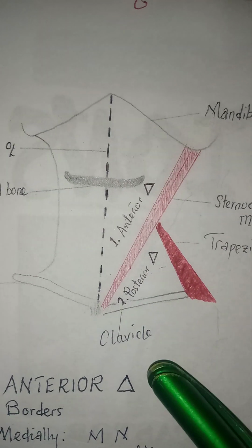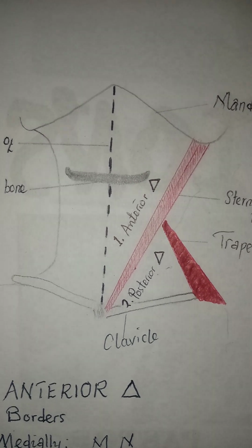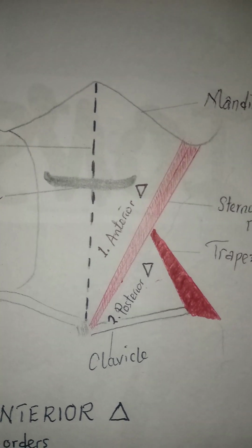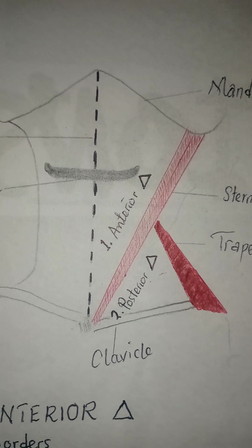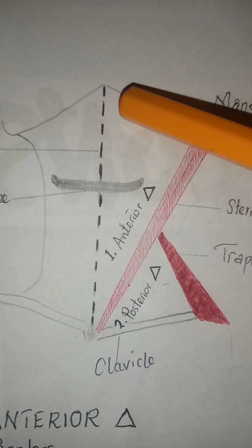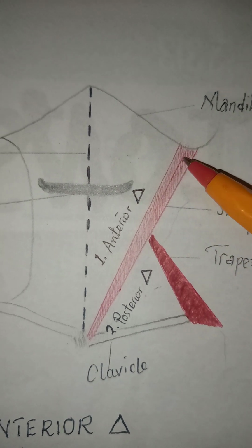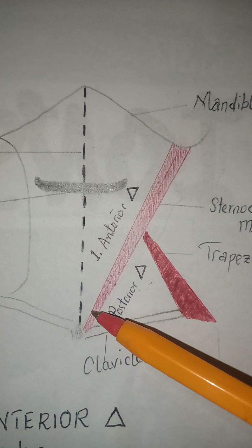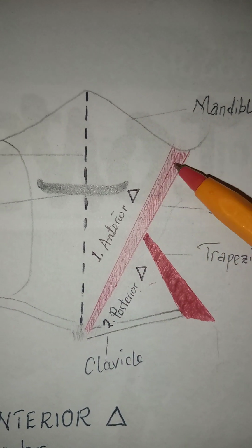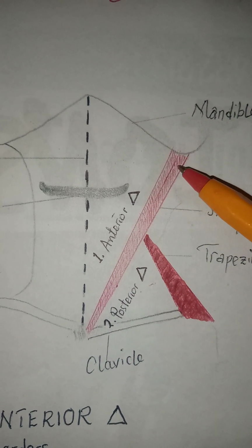So this is someone's neck, though my drawing is not so accurate, but at least you can appreciate it. In the middle of the neck, we have the imaginary midline of the neck. Then here in red you can appreciate this big chunk of muscle, called the sternocleidomastoid muscle.